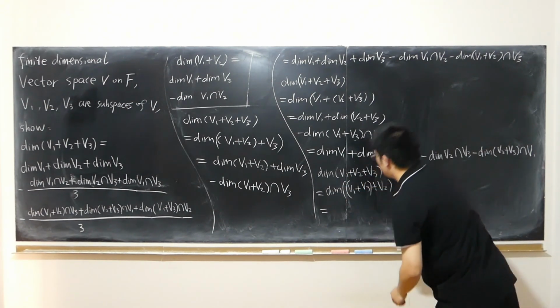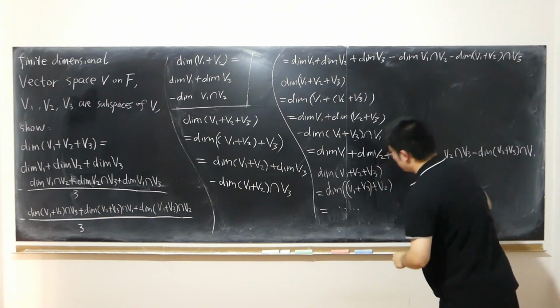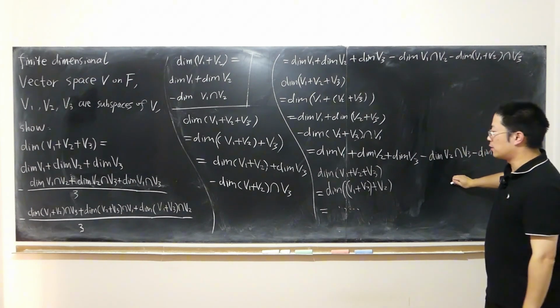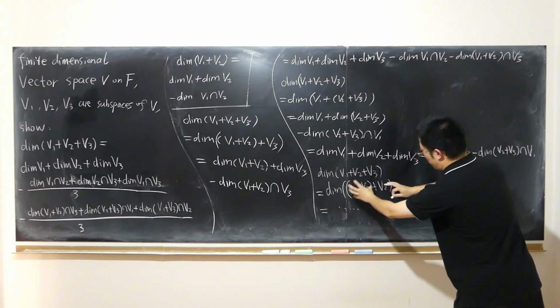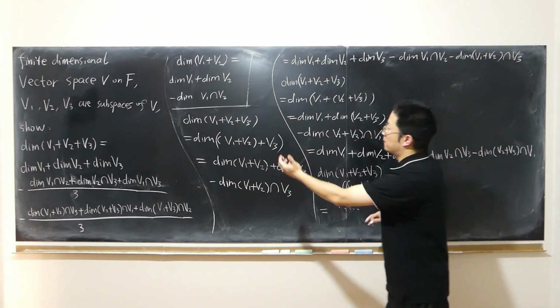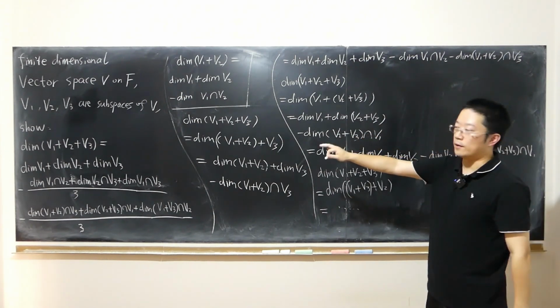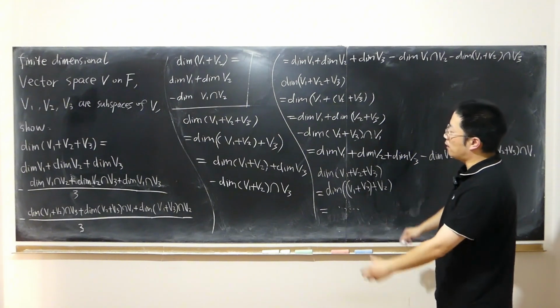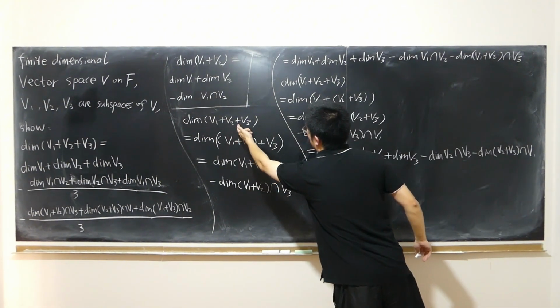So again, not getting too detailed, but following the same pattern, you rewrite those two and break them apart. You rewrite the dimension of V1 plus V3 with the same formula. So eventually you just have three different ways. You add them up, you get 3 times the dimension of V1 plus V2 plus V3.